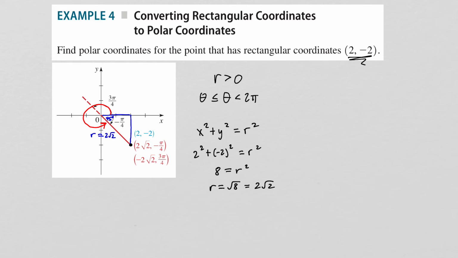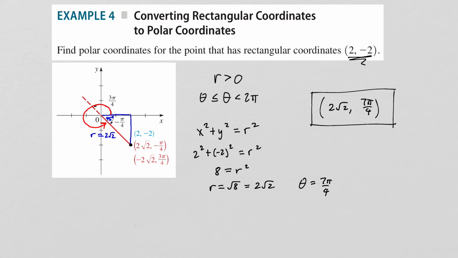And so that angle, again, we could choose lots of different angles. But if this is 45 degrees, this angle would be 315 degrees, or 7 pi over 4. And so one way to give the polar coordinates for this point would be 2 radical 2, 7 pi over 4. And again, there are many correct answers for this, but this is the typical answer that they would give.